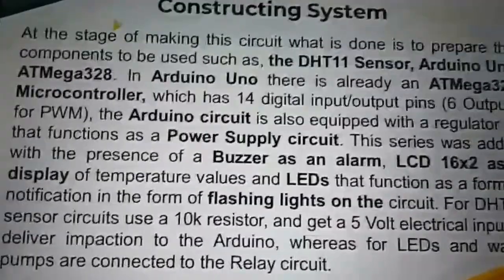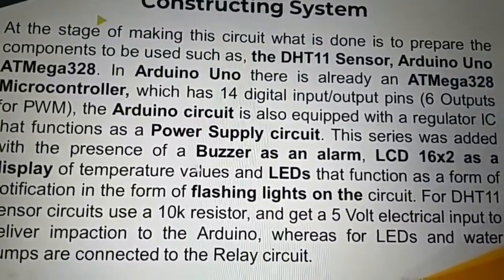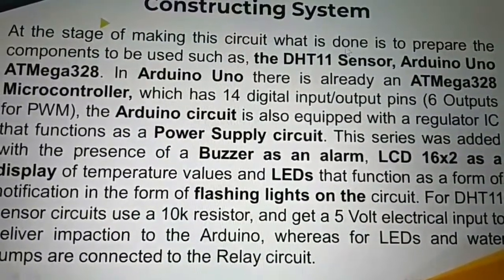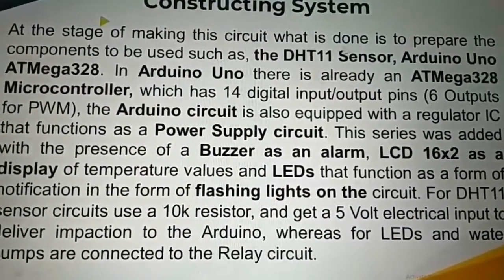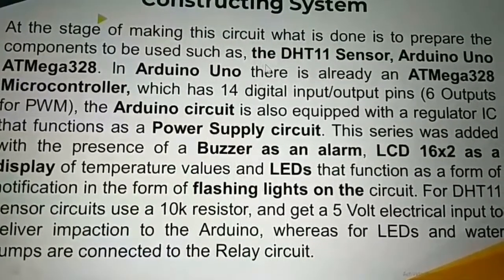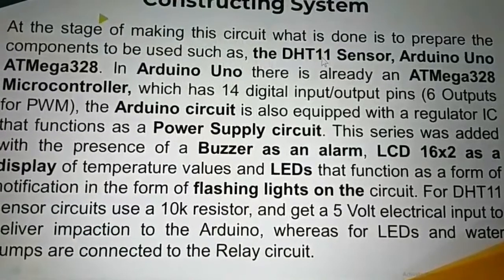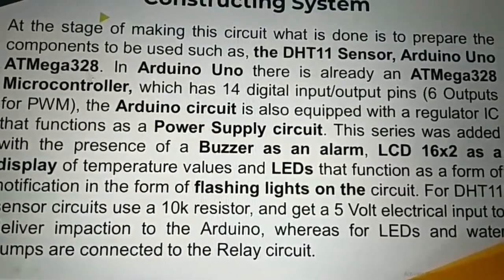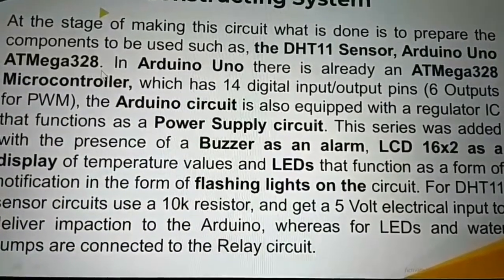In constructing the system, the stage of making this circuit, what is done is to prepare the components to be used, such as the DHT11 sensor, Arduino Uno, ATmega 32H.